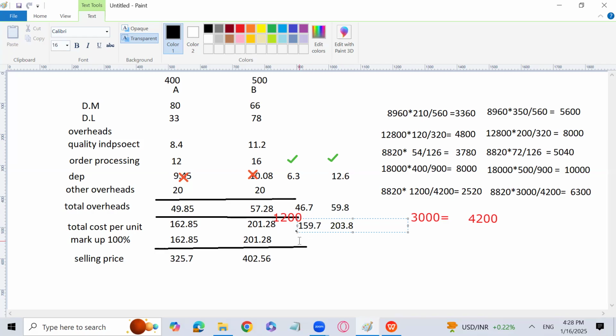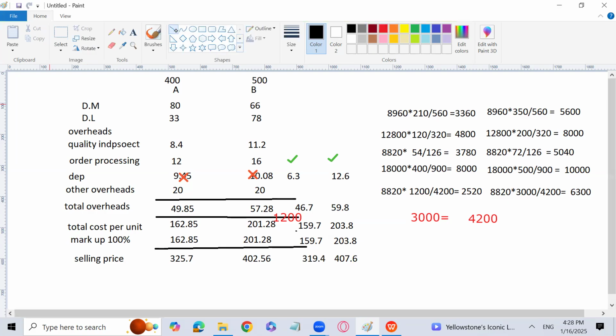Now you know that markup is 100%, so markup is going to be the same, 159.7 and 203.8, and then you can find the new selling price. 319.4 and 407.6. Now let's see what the examiner has basically asked us to find.